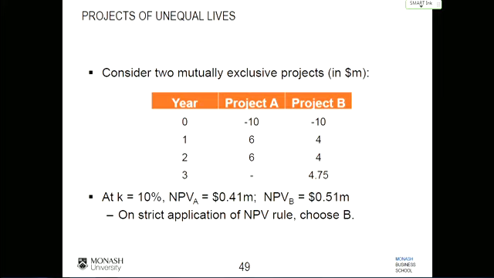What does it mean? It means that we assume that project A will be repeated 3 times, so that the life will be 6 years. Project B will be repeated twice, so that the life will be 6 years. So now when you have those 2 simulated projects, can you calculate the NPV and compare? You can, right? So that's the basic understanding.